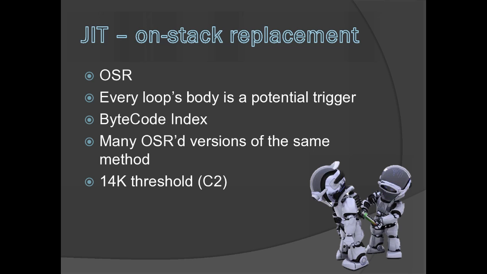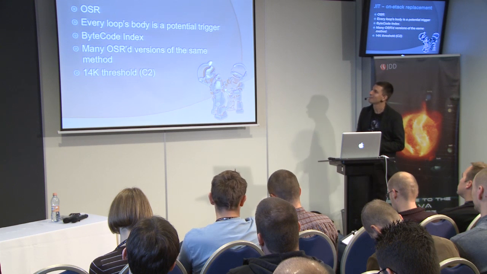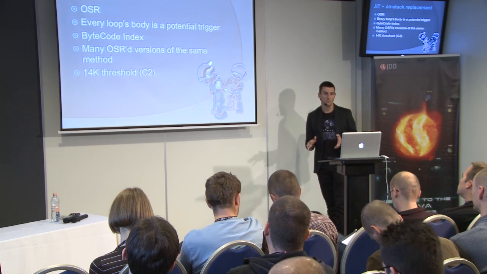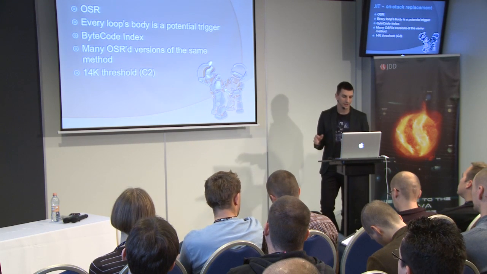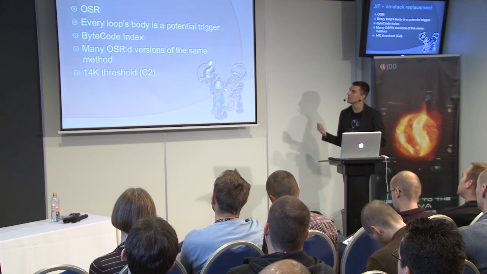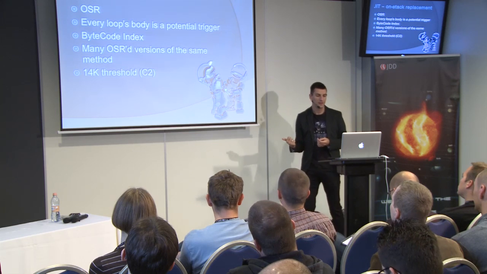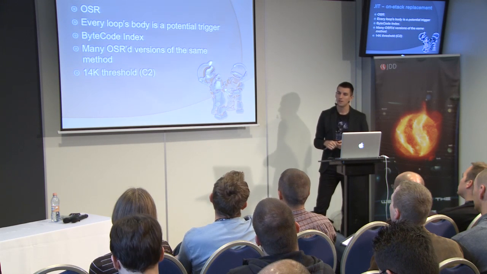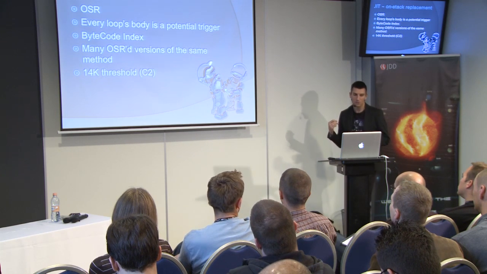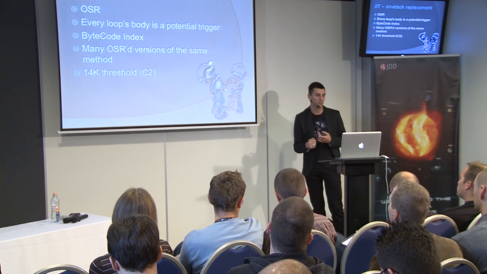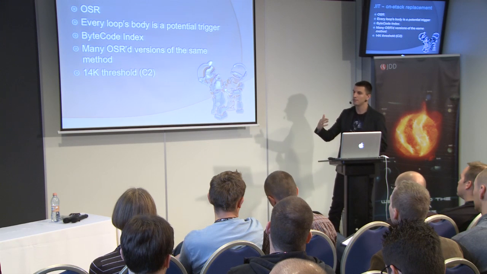Have you heard about on-stack replacement? Yes, some people have. Okay, so on-stack replacement allows a loop running in the interpreter to transfer control to a compiled version of this loop in the middle of execution, when the loop gets hot. So I can have, for example, one main method with a big loop in it.